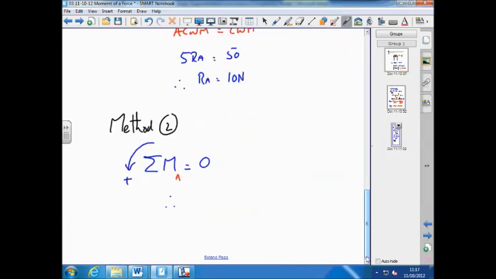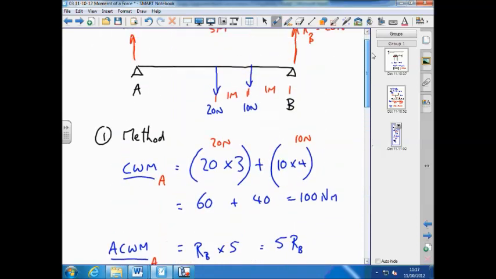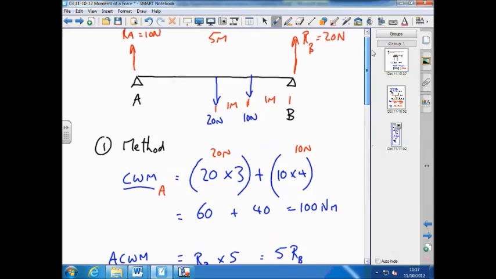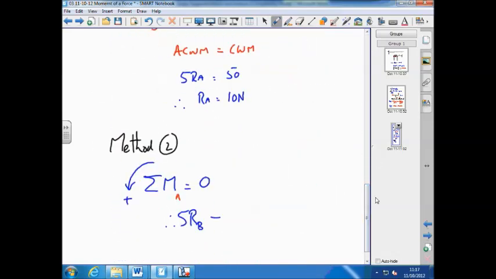So I'm going to say R at B times 5, so 5RB, minus, because now I'm going clockwise, 10 times 3 meters, minus 10 times 4 meters equals 0. So I'm doing the same problem, but I'm using a different approach.